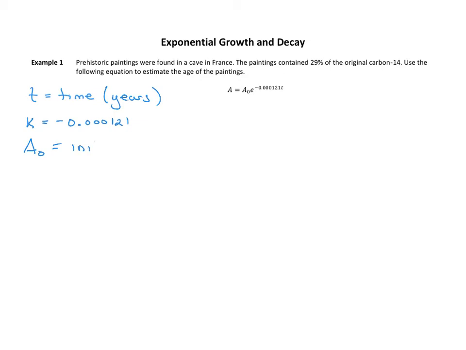This is the initial amount of carbon-14. We don't have units on this, but it's probably something like grams. And then A is the amount of carbon-14 after t years.